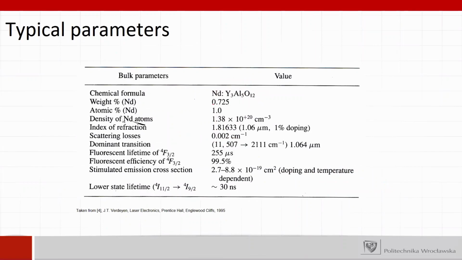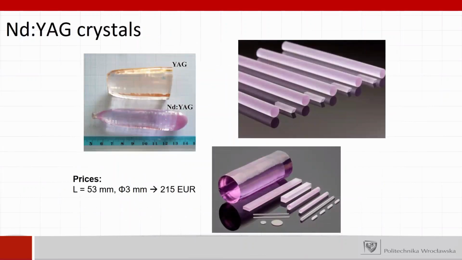Some basic parameters of neodymium, but what is the most important? The index of refraction is 1.8, so slightly bigger than typical optical glass. I think nothing else important here. These neodymium crystals are usually grown in the standard Czochralski process.